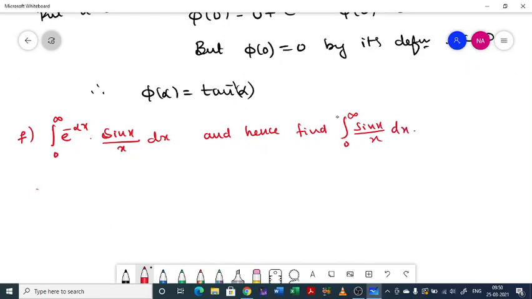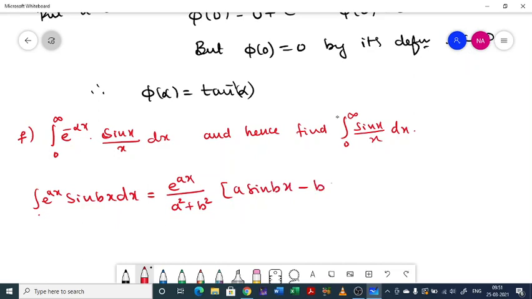So here you are supposed to use this standard result, integral e power ax sin bx dx is equal to e power ax divided by a square plus b square times a sin bx minus b cos bx. So this standard result you have to use and try to evaluate this integral. So with this we are going to wind up our discussion on differentiation under integral sign.